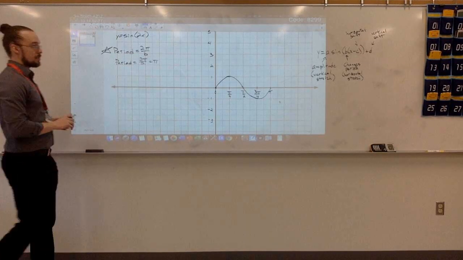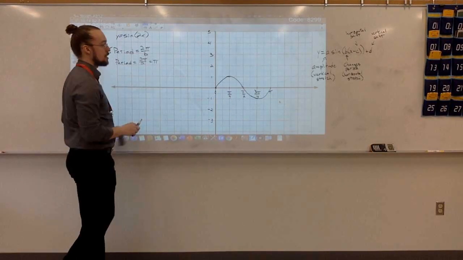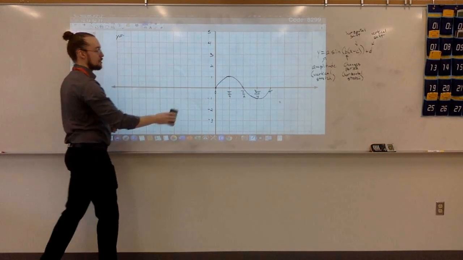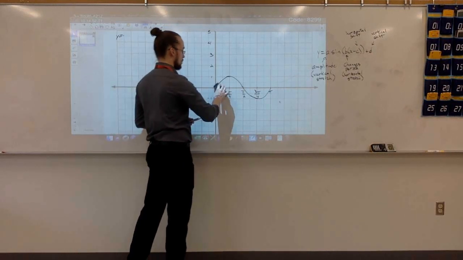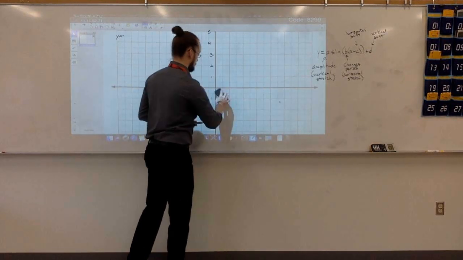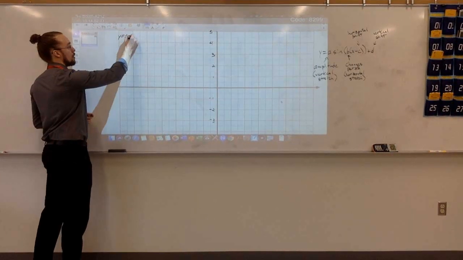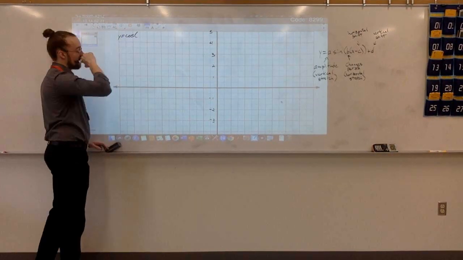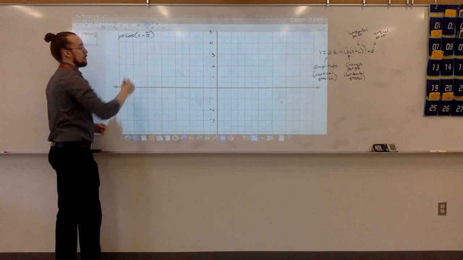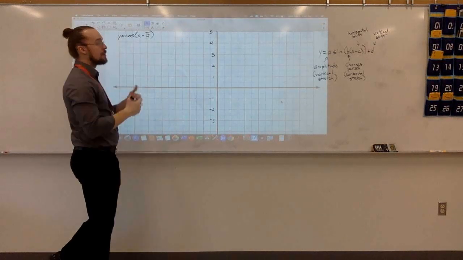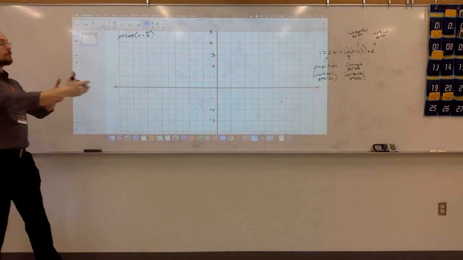Alright, let's try a C value then. So let's do cosine. How about y equals cosine of x minus pi over 4. So the C value shifts the entire graph left to right.